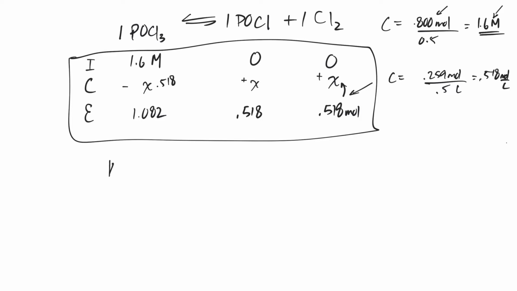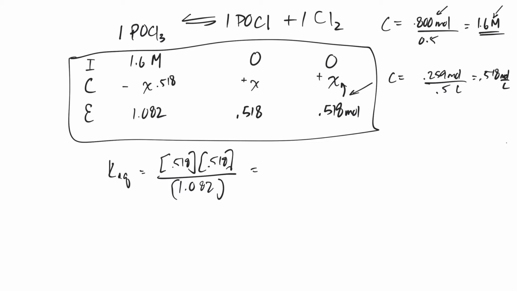Okay, and then my equilibrium constant is going to be the concentration of the two products, which are both 0.518, divided by the concentration of the reactant, this one.